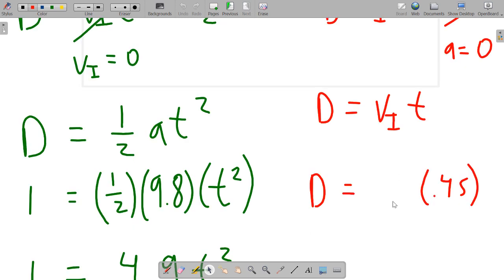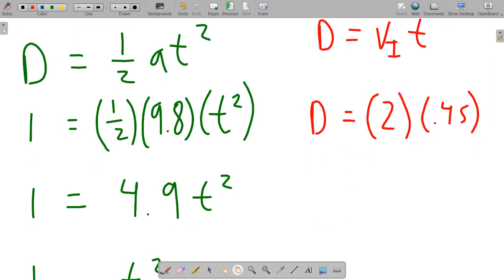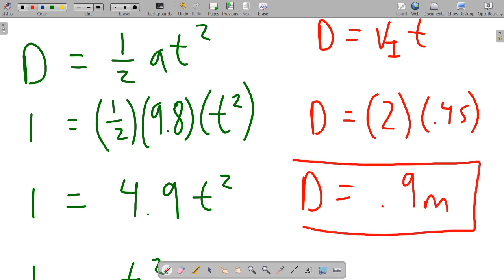The initial velocity is 2 meters per second. So now, by multiplying those two together, you can find what you're looking for. And that is the displacement in the x direction, which is just 2 times 0.45. And you put it in your calculator, you're going to get 0.9.